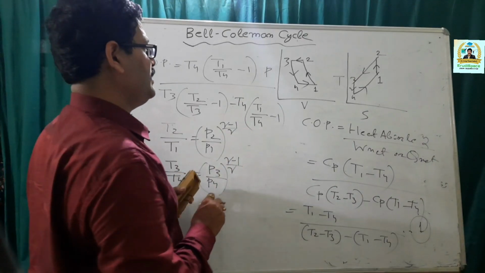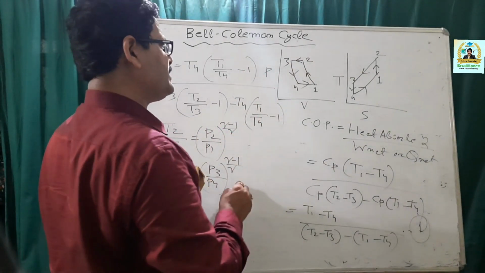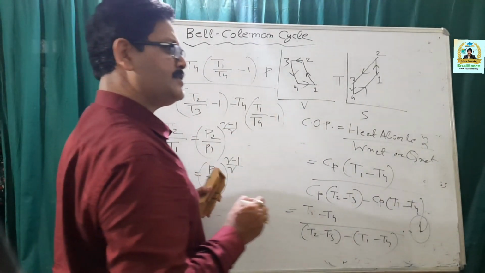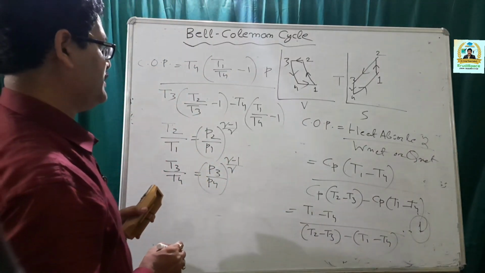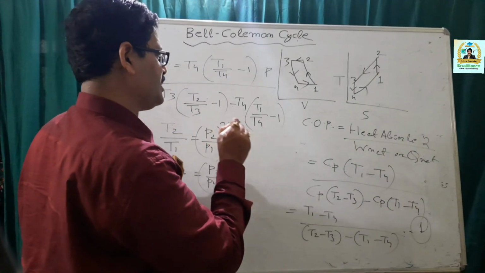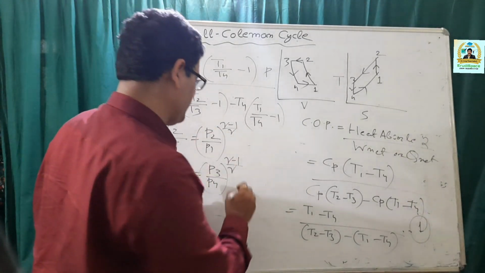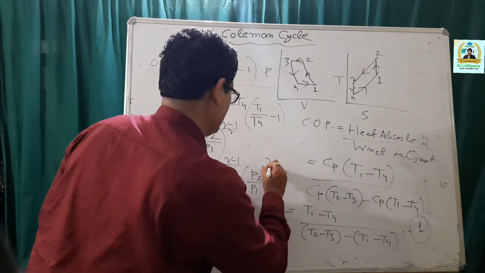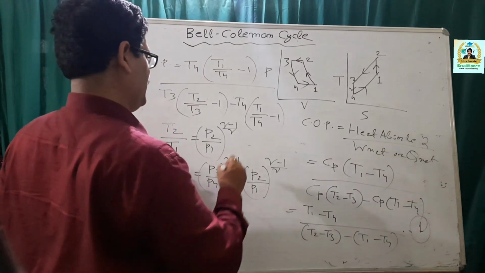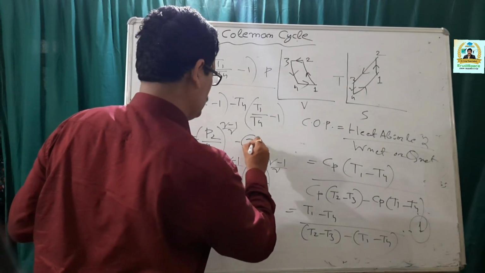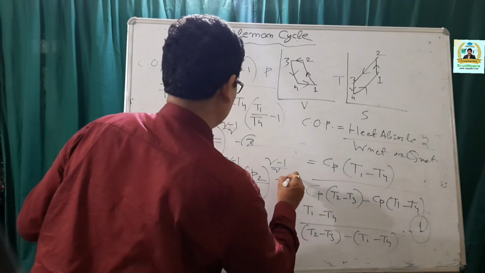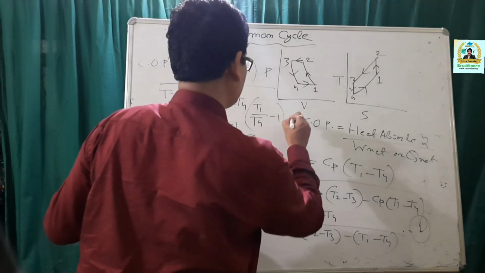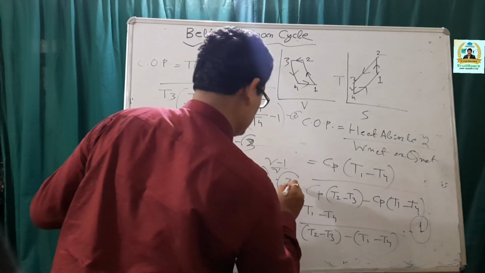But all of us know that 2-3 is a constant pressure process or isobaric process. Similarly, 4-1 is also a constant pressure process or isobaric process. So P3 can be substituted by P2 and P4 can be substituted by P1. So it becomes P2 by P1 to the power gamma minus 1 by gamma. Let's take this to be equation 2, this to be 3 and this to be 4.